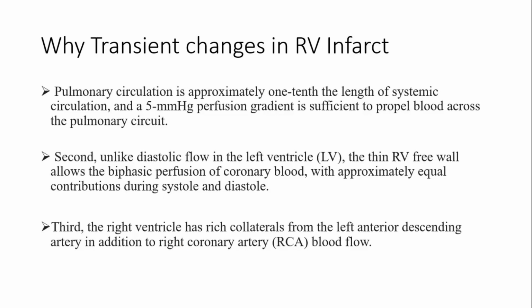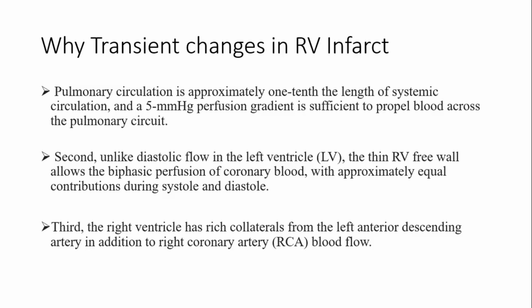These are not proven, but suggestions that have been given after studies and lots of research. They have suggested a few findings and reasons. One is the gradient: because this is not a high pressure system, a gradient of around 5 millimeters difference is good enough to supply blood to the pulmonary circuit.